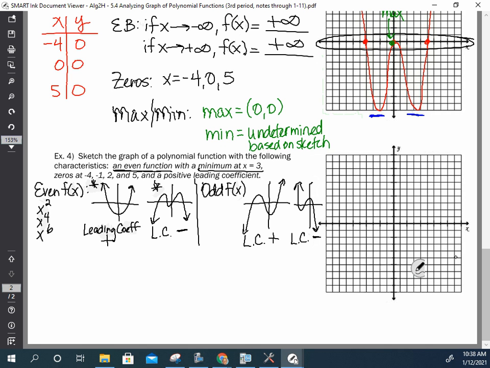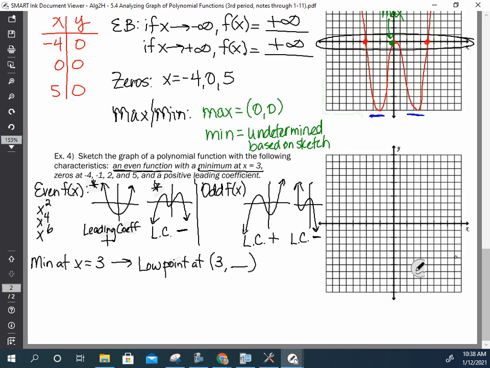Minimum at x equals 3 means you need a low point at 3 comma something. So what that something is, that's up to you.